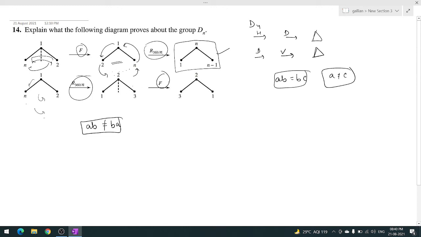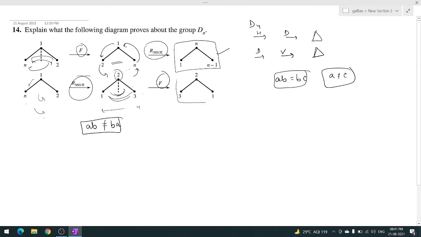And after F, what we get is 1, 2, 3, because in F we are fixing 2 and just flipping the others. So 1 will go to 3, 3 will go to 1. Similarly all the things will happen.